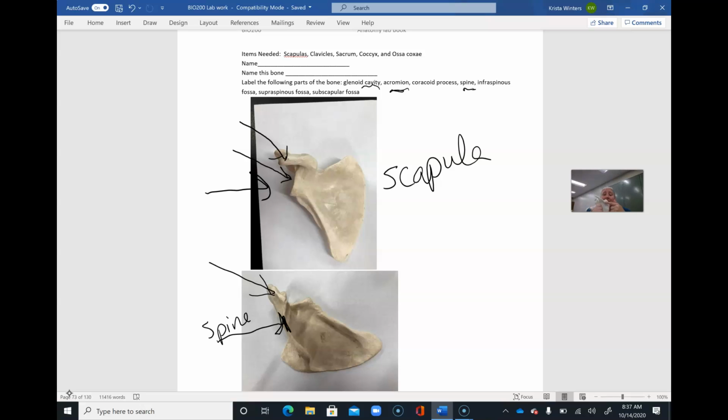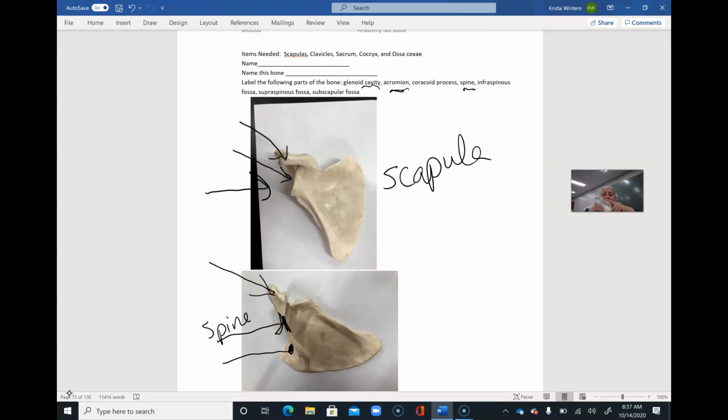So this again is the spine. Above the spine, so if we go from here and go above it, we have the supraspinous fossa. So if I'm looking here, right there is your supraspinous fossa, okay? So it's right here, all right?